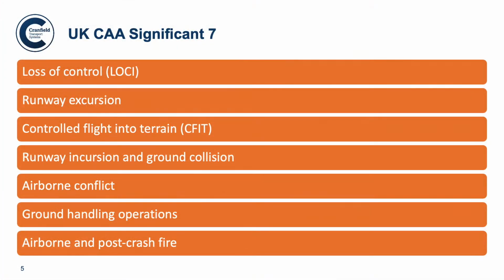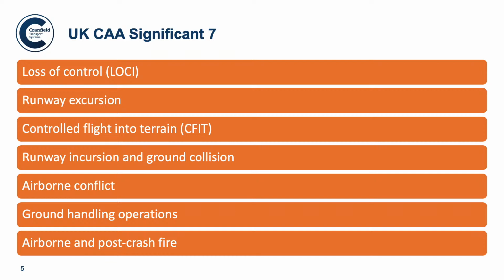You may have come across the UK CAA's Significant 7 hazards. Sometimes they're referred to as risks, but we'll come on to that in a bit. So we have loss of control, runway excursion, controlled flight into terrain. Well, you can read them for yourself.